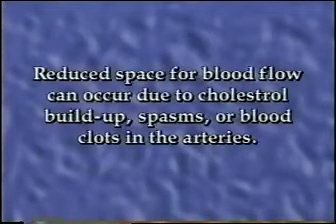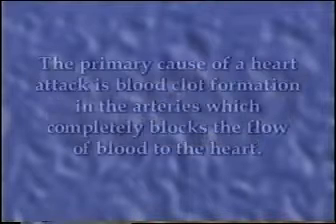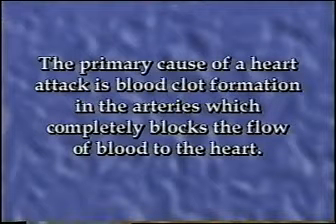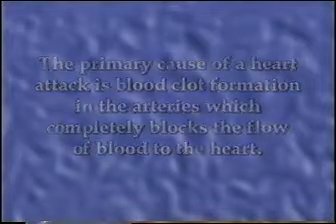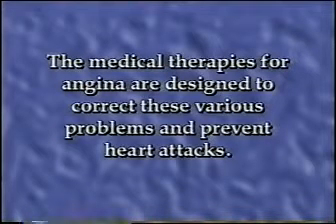Reduced space for blood flow can occur due to cholesterol buildup, spasms, or blood clots in the arteries. The primary cause of a heart attack is blood clot formation in the arteries, which completely blocks the flow of blood to the heart. The medical therapies for angina are designed to correct these various problems and prevent heart attacks.